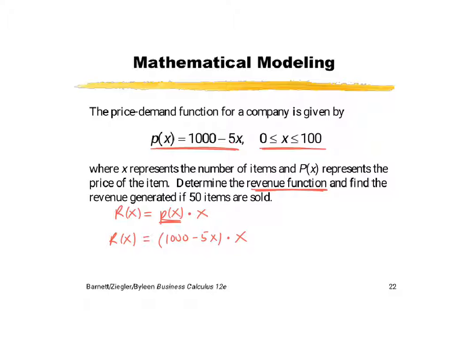Okay, so we can say revenue is equal to 1,000 minus 5x times x. Or if we distribute the x, we can say that revenue is equal to 1,000x minus 5x squared. Okay, so it doesn't matter which equation you use. You can use whichever one. Okay.